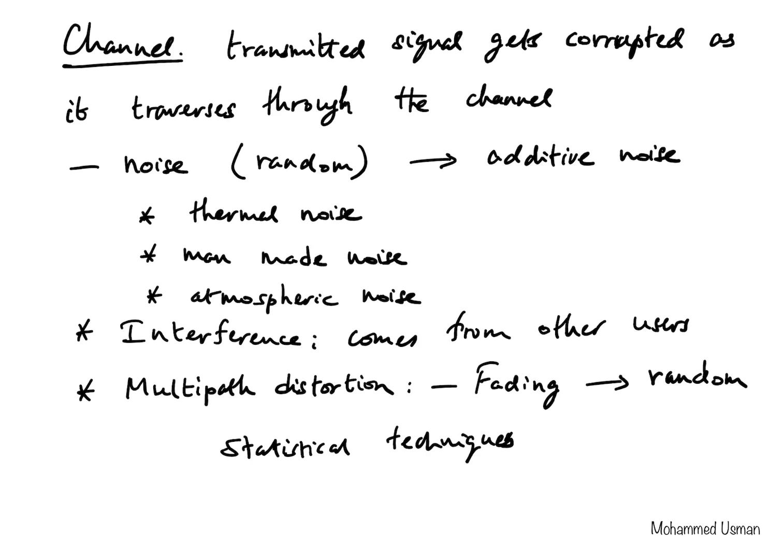And a more general phenomenon that happens on a communication channel is called attenuation. Attenuation is nothing but the weakening of the signal as it propagates through the channel. So as the signal goes further and further from the transmitter, it becomes weaker and weaker.